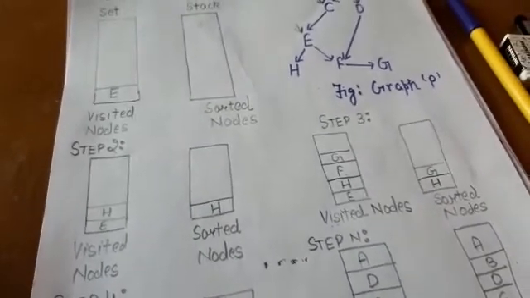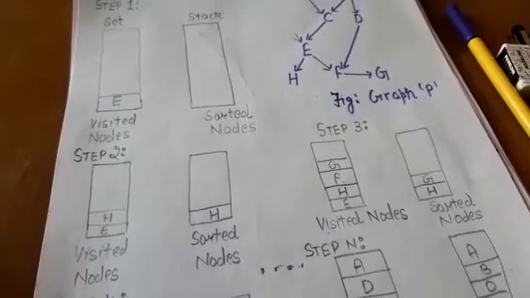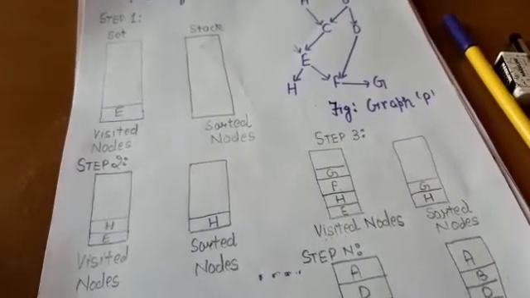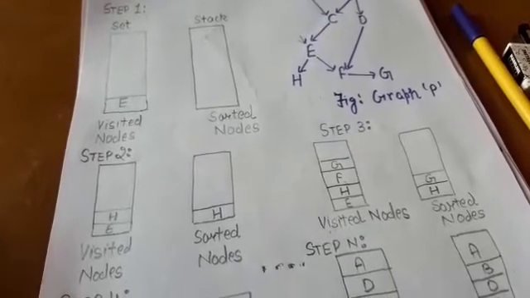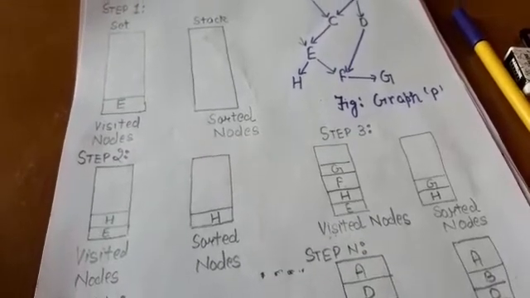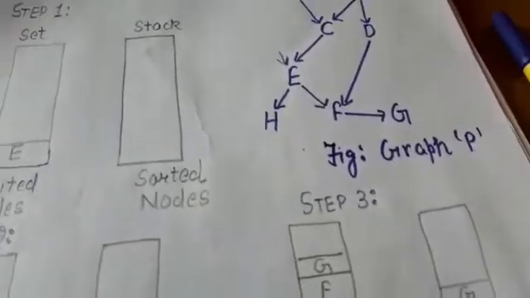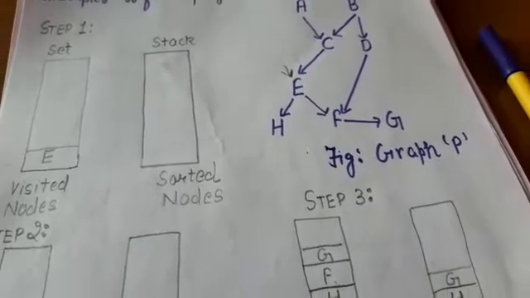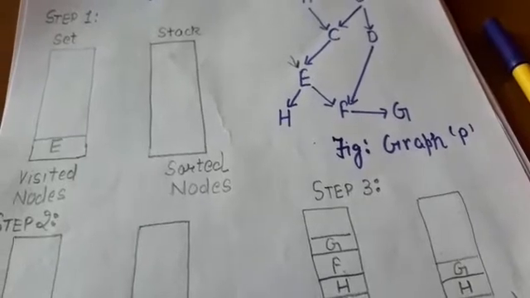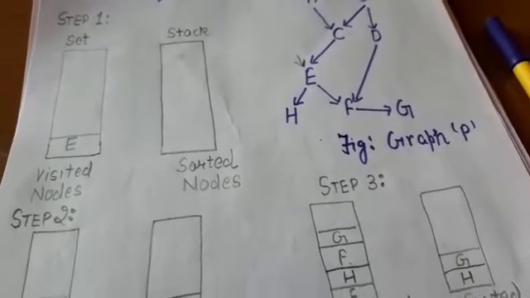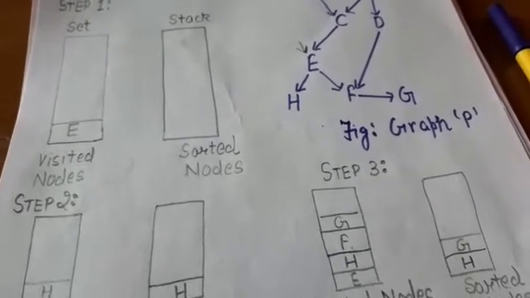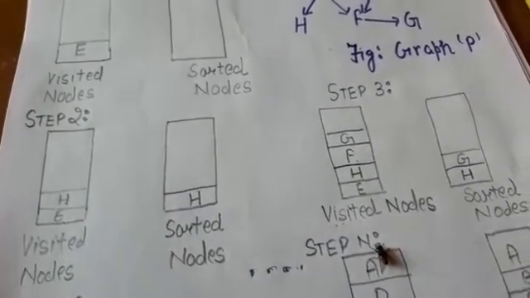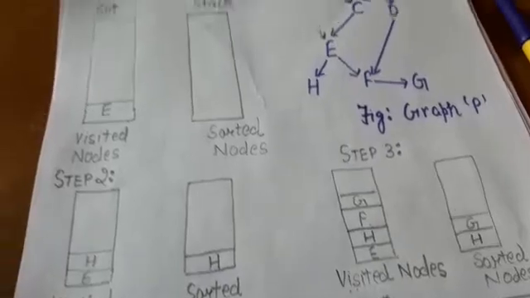Next, I'll see whether H is having some children or not. From the graph, I can see H is having no children. So according to the criteria, as I have told you earlier, the node that is having no children can be kept in the sorted node stack. So I keep H in the sorted nodes stack, right?